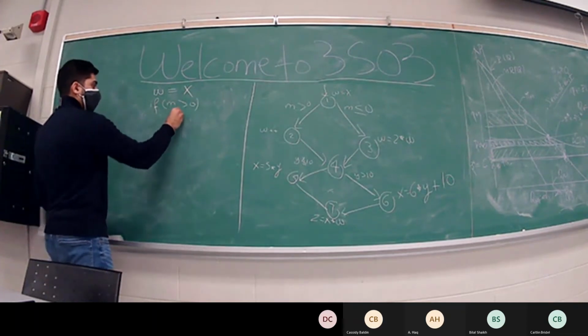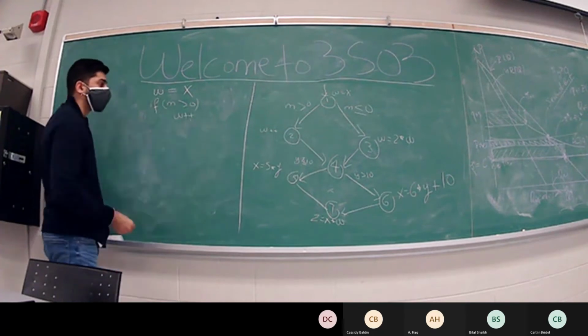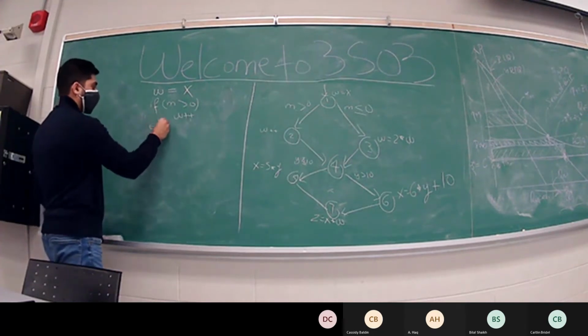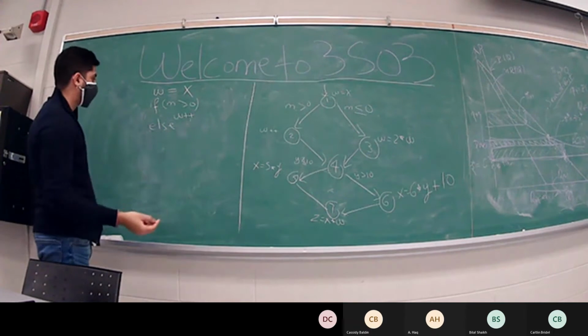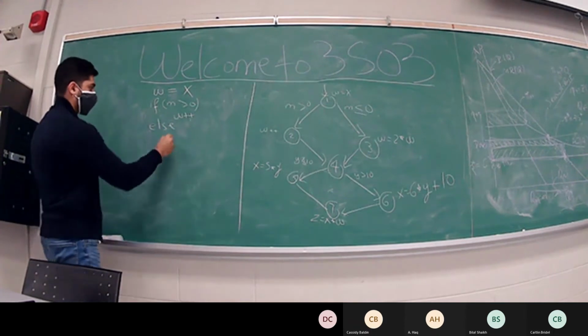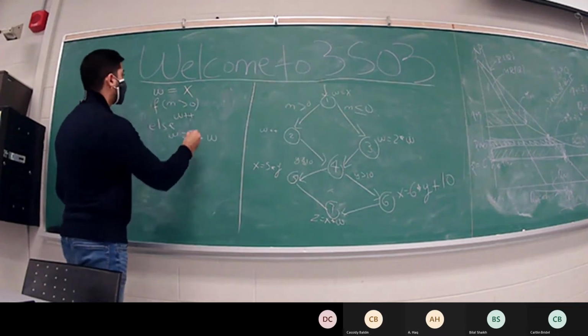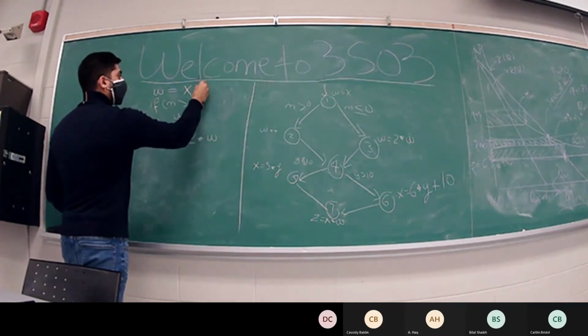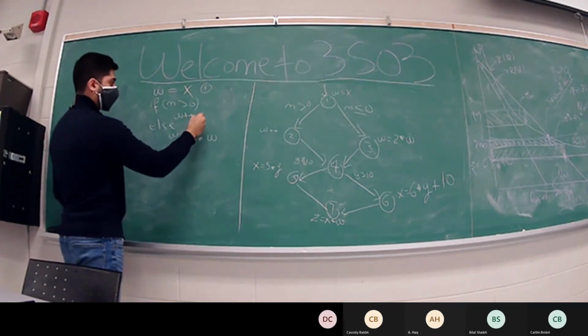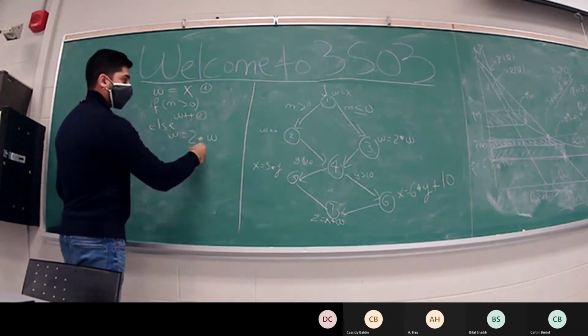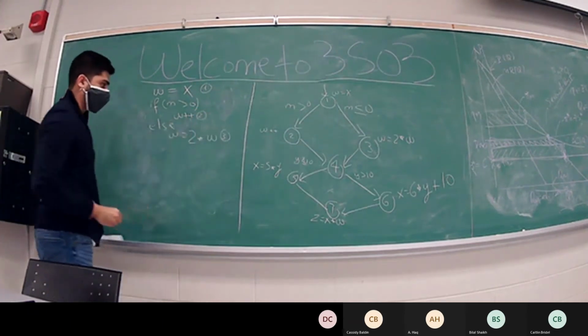Yeah, so you would do w plus plus. Otherwise, what would you have? W equals 2 times W. Yeah, so W equals 2 times W, and let's label these just for simplicity. So that's node 1, this is node 2, that's node 3. All right, then what?